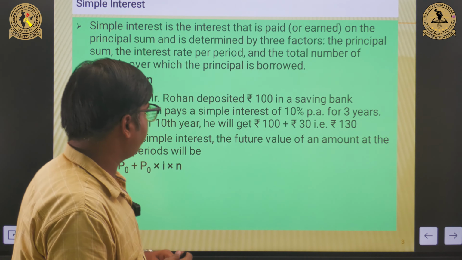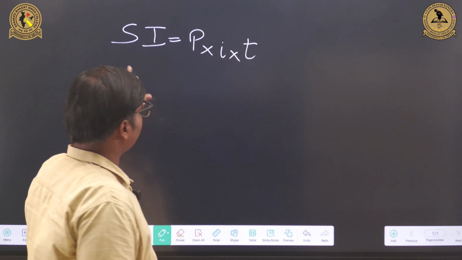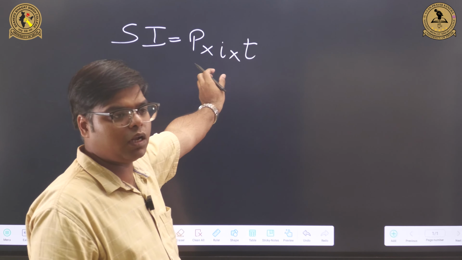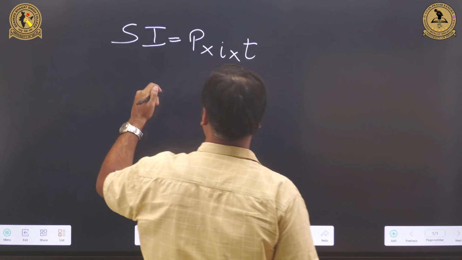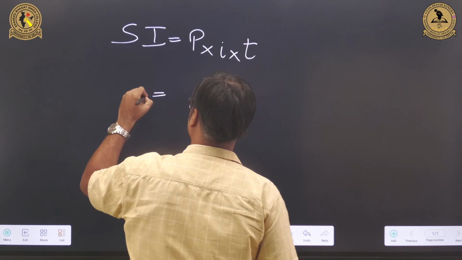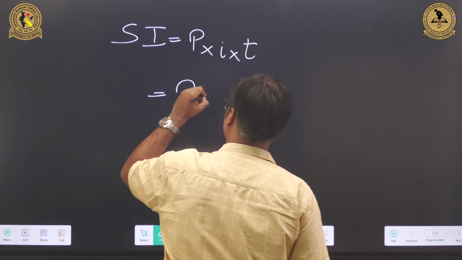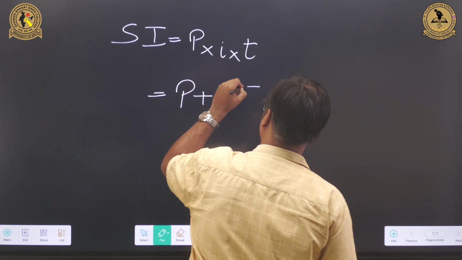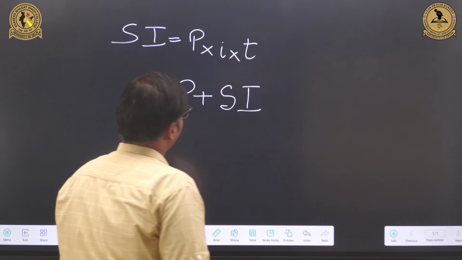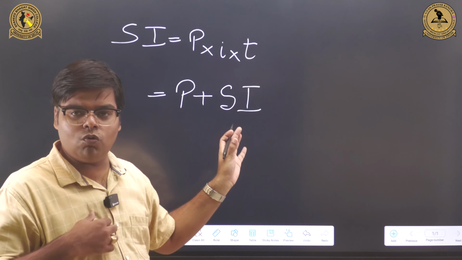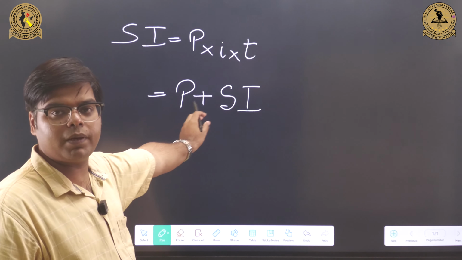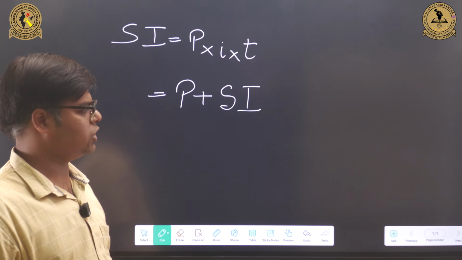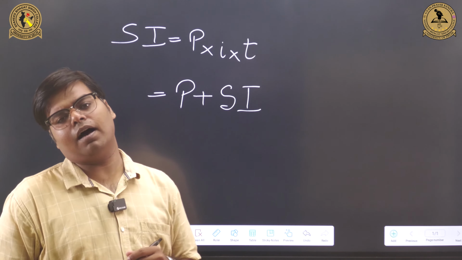The formula for simple interest is principal amount multiplied by interest rate multiplied by time period. And the amount of money which you will get after a specific time period will be equal to principal amount plus simple interest.